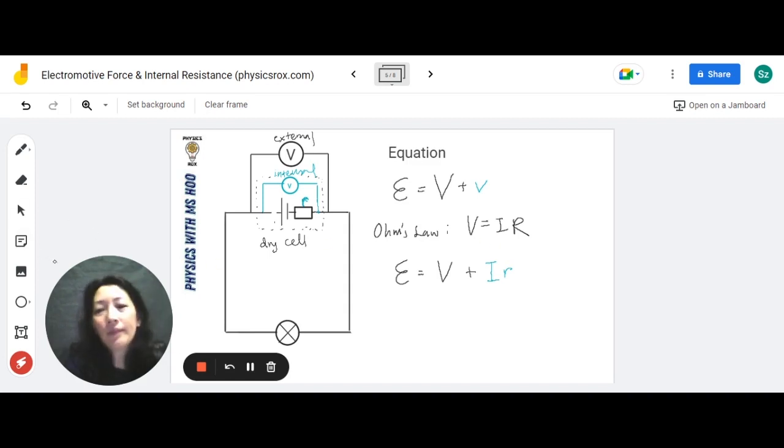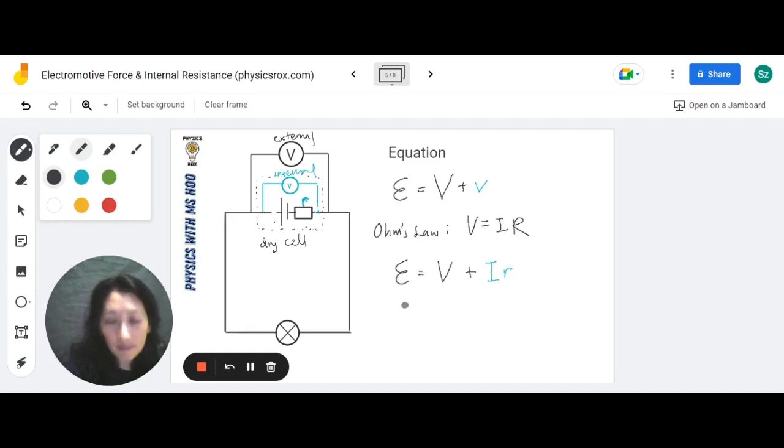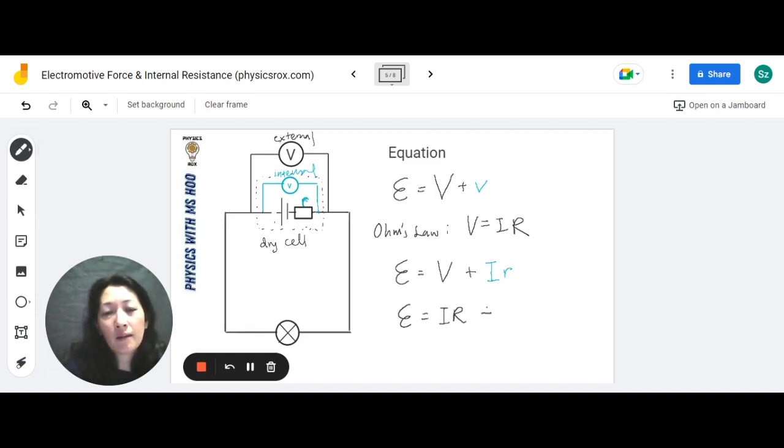All right. So this is an equation we can use that relates electromotive force and internal resistance. Another way to write this formula is to actually open up V with Ohm's law. That means we can write this as IR plus I small r. So some of you might say, oh look, we can factorize this as well.